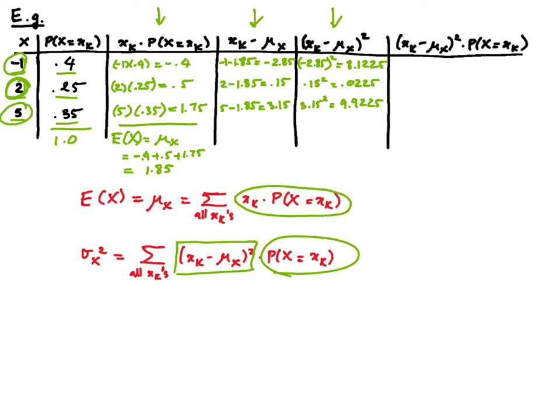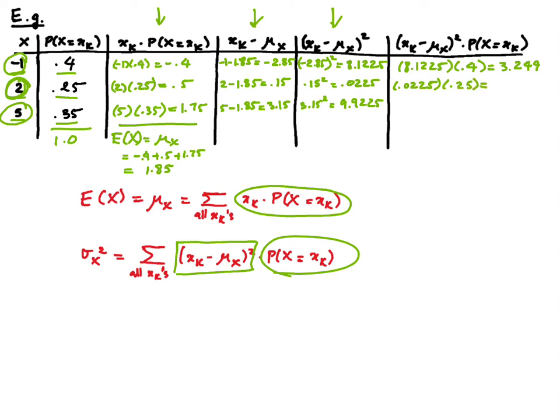So here we're going to do 8.1225 times 0.4, which gives you 3.249. And then for the second value, you're going to have 0.0225 times 0.25.